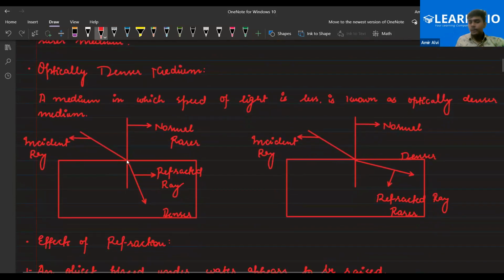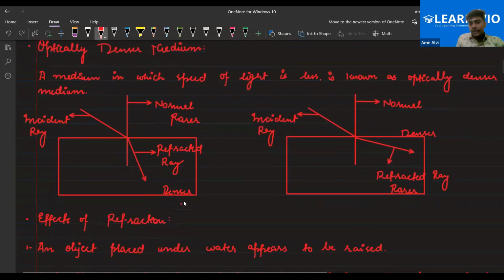So this is the incident ray. When the light ray goes from rarer to denser, the refracted ray will bend towards the normal. In this case, the incident angle would be greater than the refracted angle. Why? If the light had gone straight, the angle would be the same due to vertically opposite angles.